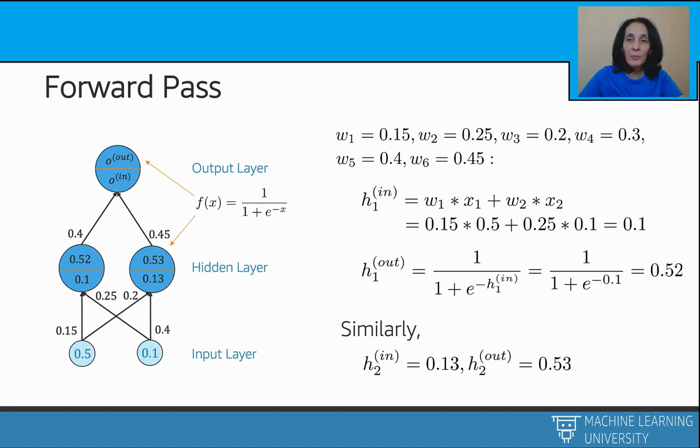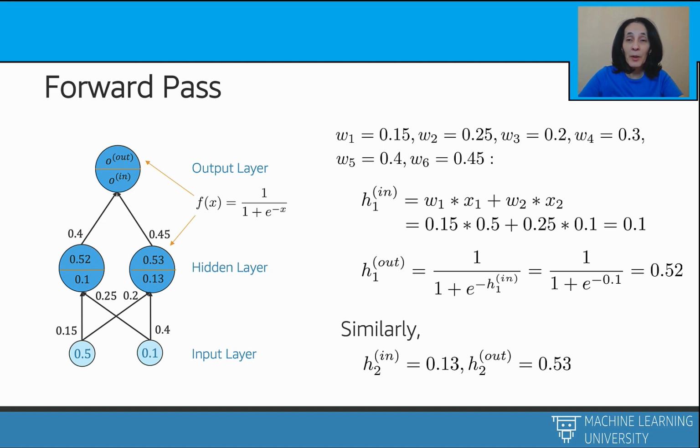Now let's assume, for the example here, the values listed at the top for W1 through W6, all our weights. So now we really have all we need to push those two inputs through the network and compute the network output based on these two inputs. Let's first move from the input layer to the hidden layer.